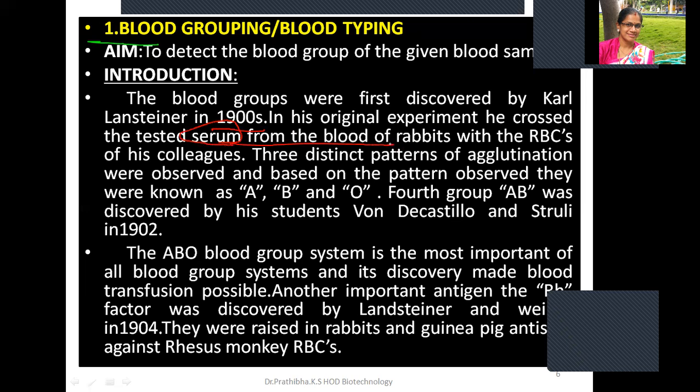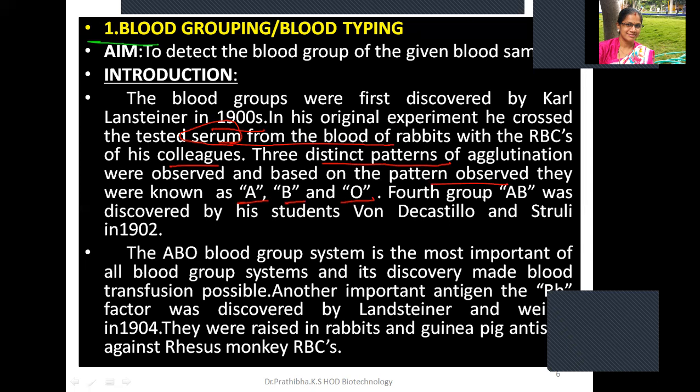He cross-tested serum from the blood of rabbits with the RBCs of his colleagues, and found that three distinct patterns of agglutination were observed. Based on the pattern observed, they were known as A blood group, B blood group, and O blood group.